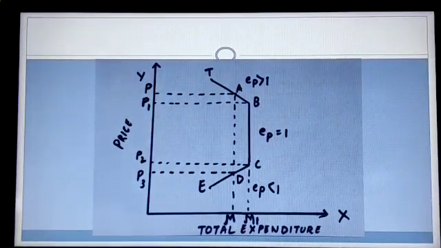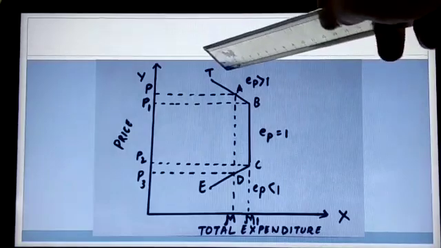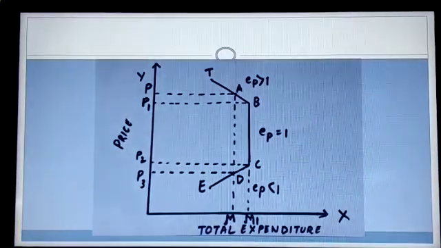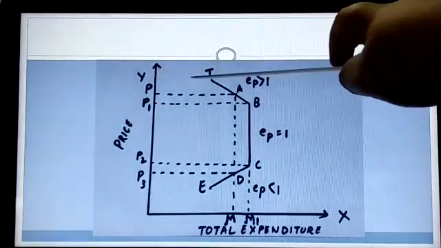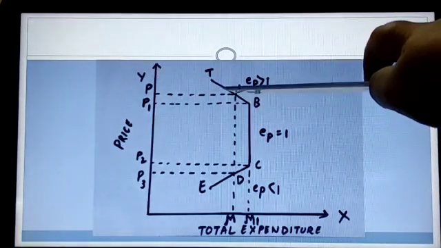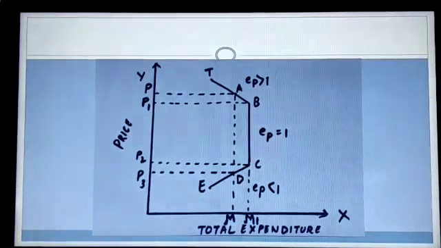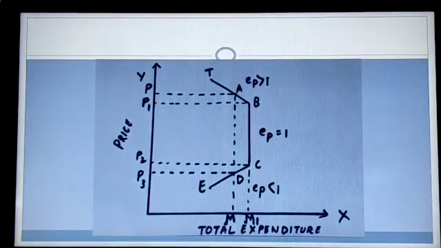You can see the shape of the curve: rising here, constant here and decreasing here. Now I'll teach you how to make this curve and how to interpret it.